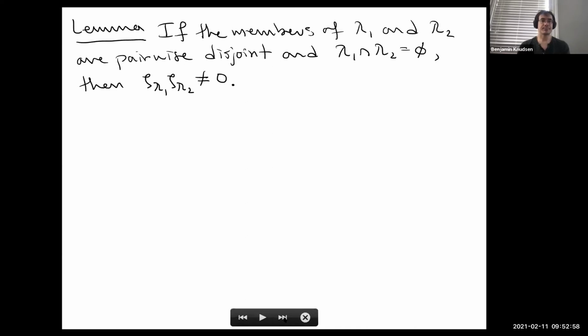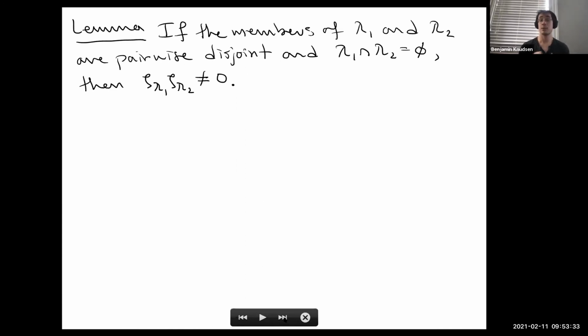And if I choose them so that for each collection, the pairs that I choose are pairwise disjoint, so 1 does not appear in more than one of them, for example. And if the collections themselves are also disjoint, so I don't have the same subset of 2 points in lambda 1 as in lambda 2, so 2 different disjointness conditions, then the product zeta lambda 1, zeta lambda 2 is non-zero.